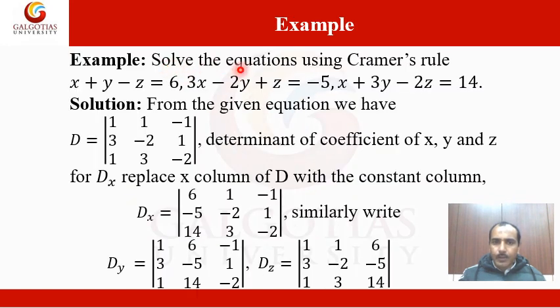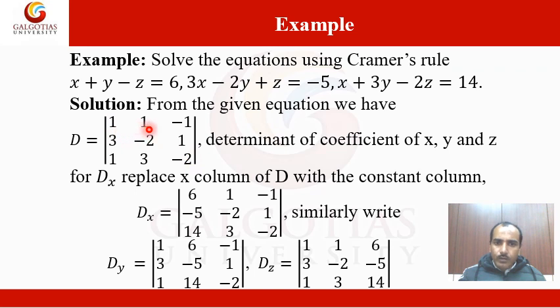Now apply Cramer's rule for three variables to solve the given equations. From the given equations, we have the determinant of coefficients of x, y and z as 1, 1, minus 1, 3, minus 2, 1, 1, 3, minus 2.